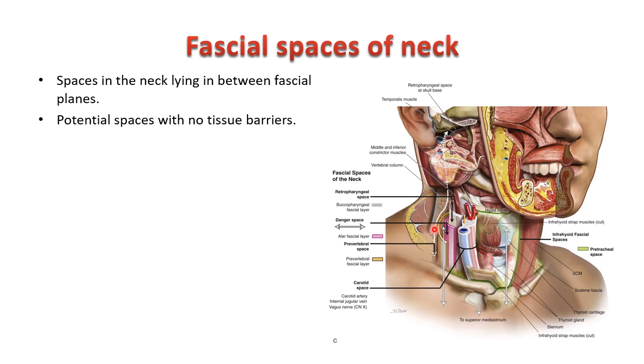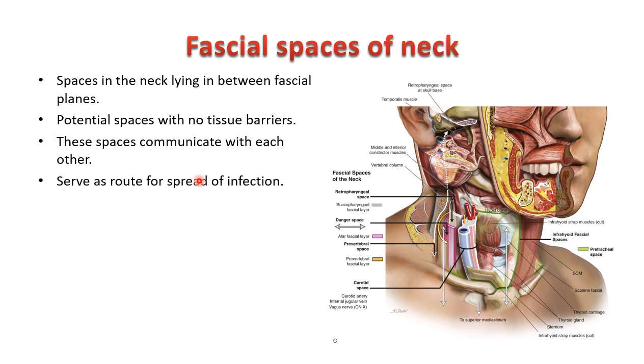So they are potential spaces, which means they are very much communicating with each other, and they actually facilitate the spread of infections because of their communications. Okay, so possible route for spread of infections is mainly through these spaces. So that is why it is essential to have a thorough knowledge of these spaces.